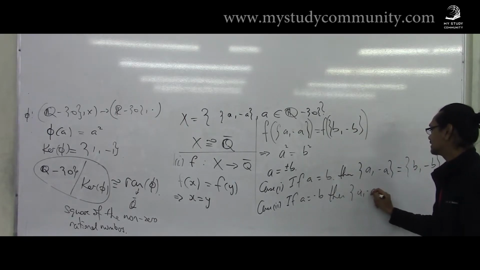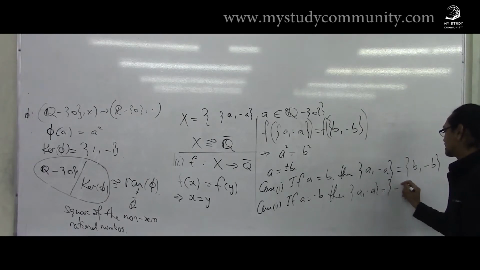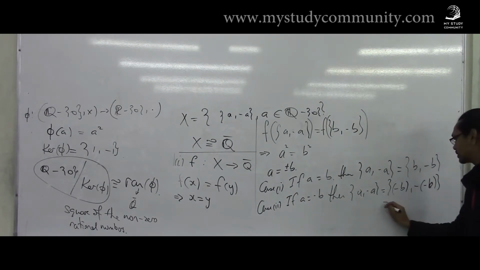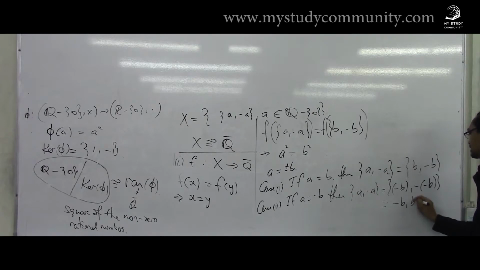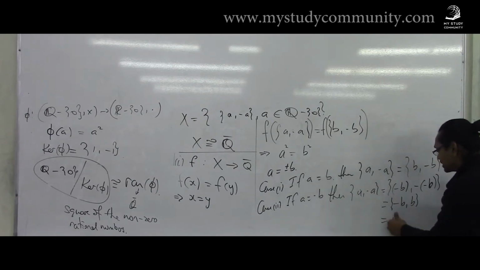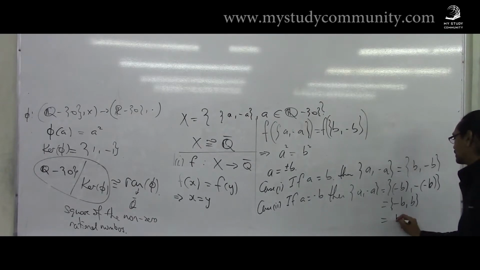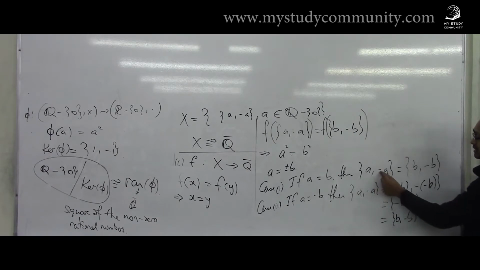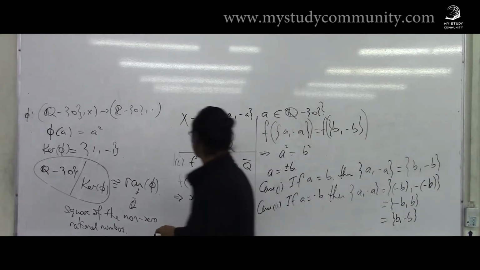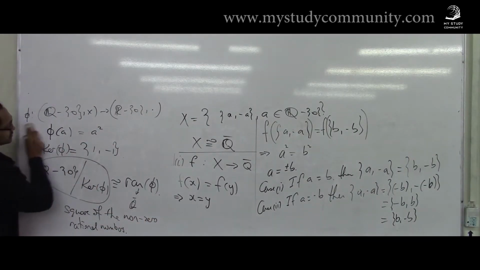Then A negative A gives negative B, negative of negative B, which simplifies to negative B, B. And because the set is unordered, this is B, negative B. So in both cases, A negative A simplifies to B negative B. So they're equal.